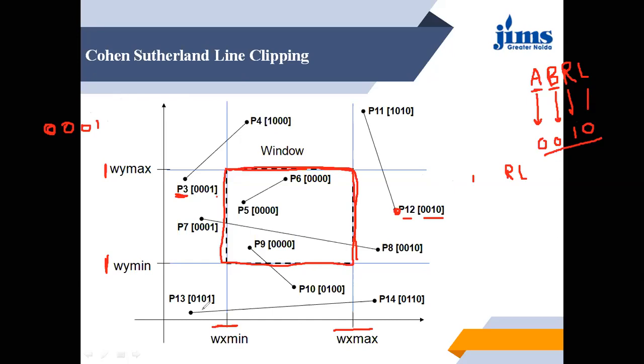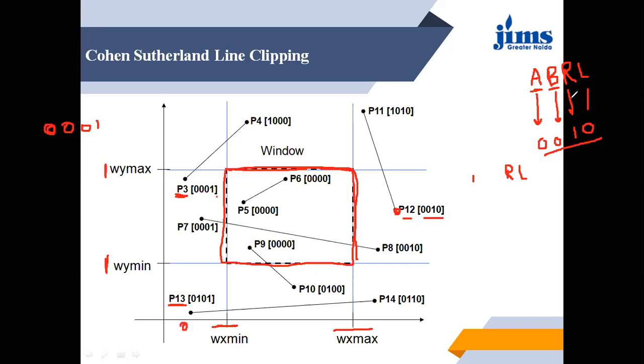In case of line P13 and P14, now I will try to find out the region code of point P13. So in the same format, in the same region format, first I will check that is it above the window. When I am comparing this point for the above, then it is not above the window. So the coordinate of A, that is above coordinate, will be 0.